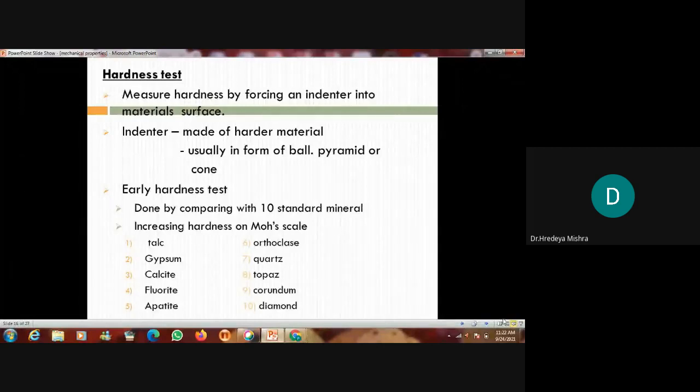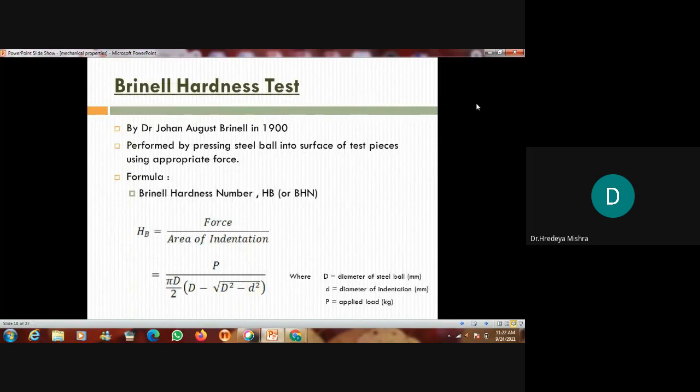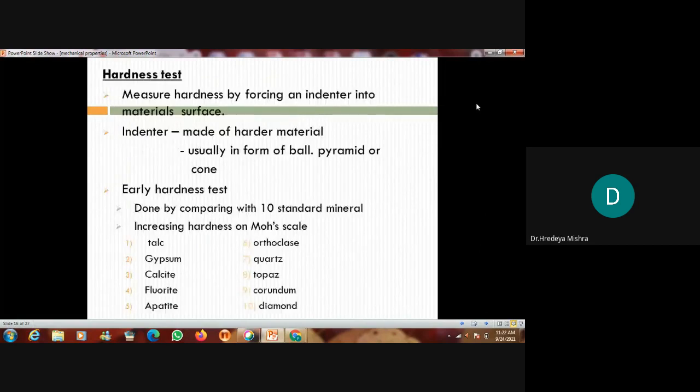First, can anyone tell me what is hardness? What is the definition of hardness?